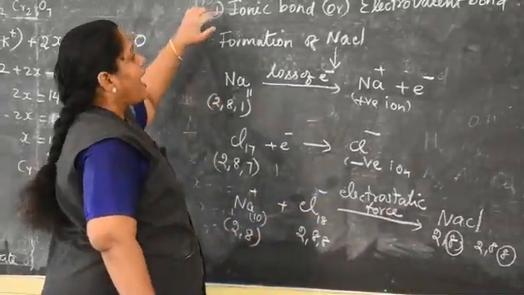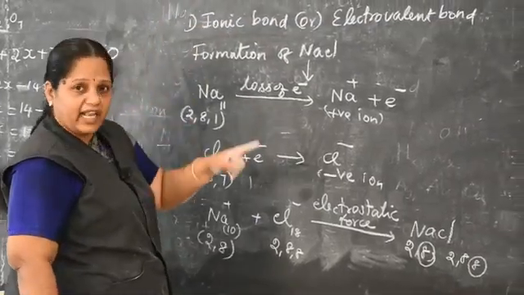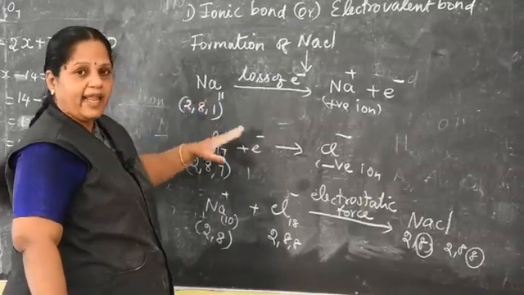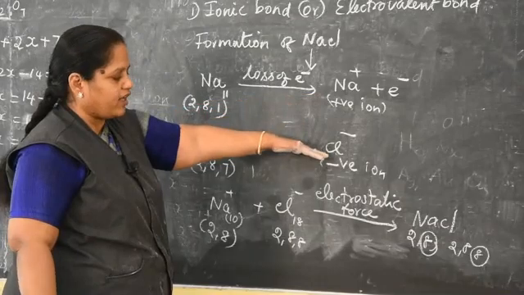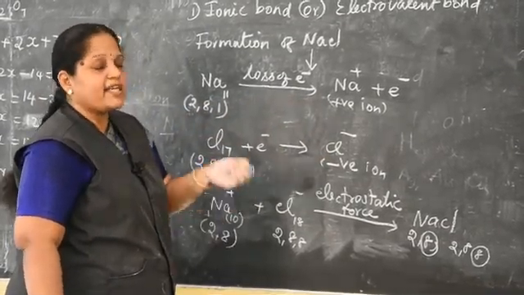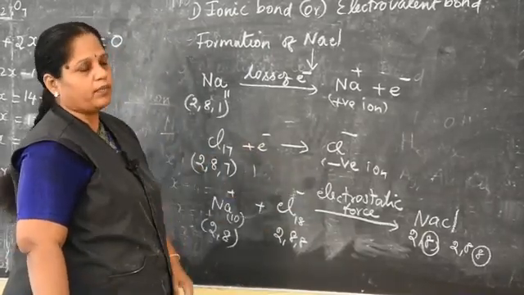So ionic bonds occur due to loss of electron by the metal and gain of electron by the non-metal. Then between the positive ion and negative ion, there is Coulombic force of attraction. They form a stable compound, which is nothing but sodium chloride.